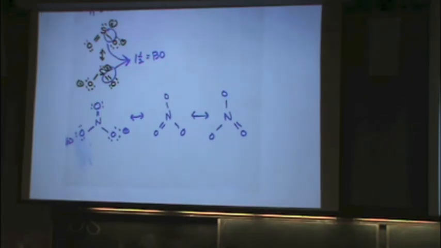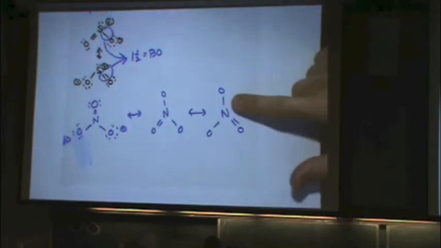If those are the 3 resonance structures, what's the bond order for the bond on top? Yeah, over 3 resonance structures, there's a total of 4. A 2, a 1, and a 1. So in the first case it's 2, second case it's 1 for the bond on the top, in the third case it's 1 for the bond on the top.